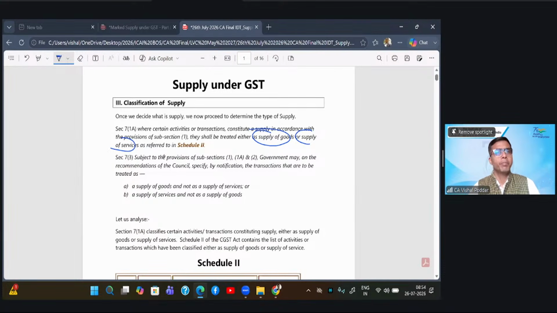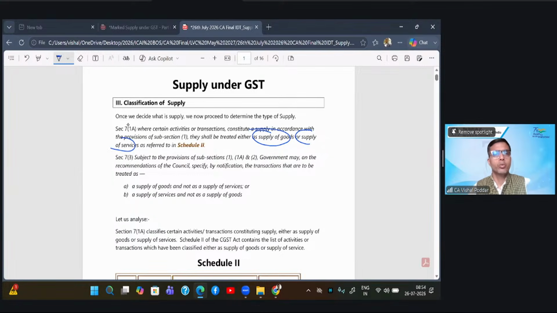So for better application of the various provisions of the GST law, you are required to determine the classification. With this in mind, let us proceed with the classification aspect of supply.